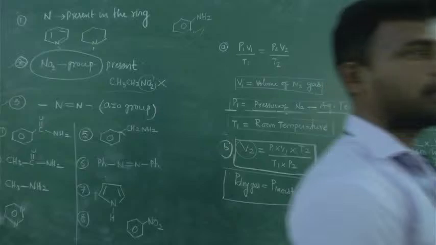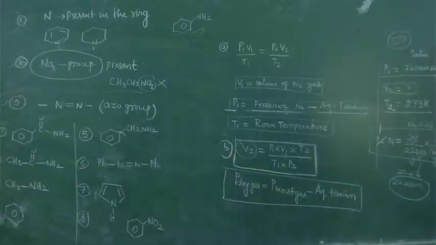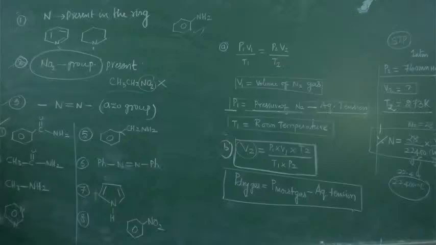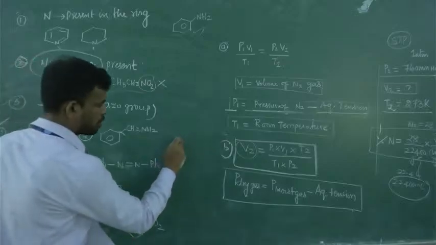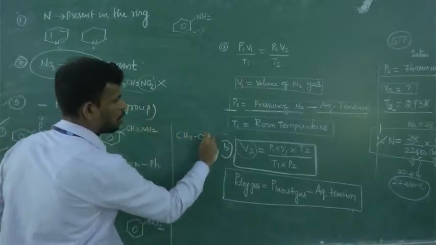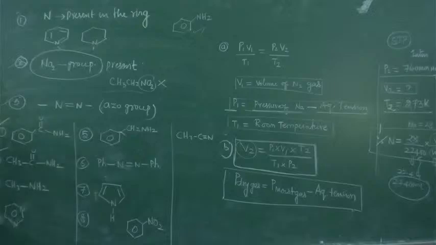Now give the answer. Which of the following compounds can be estimated by Kjeldahl's method? First one, yes, this can be estimated. This amide, next. You can even take this example also: CH3, C triple bond N. Can this be estimated?